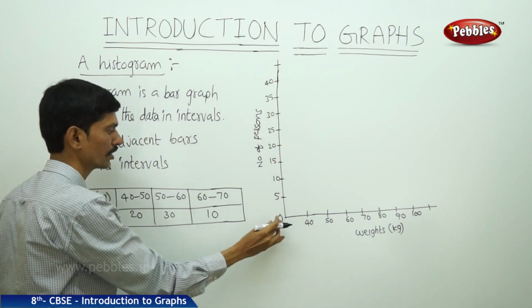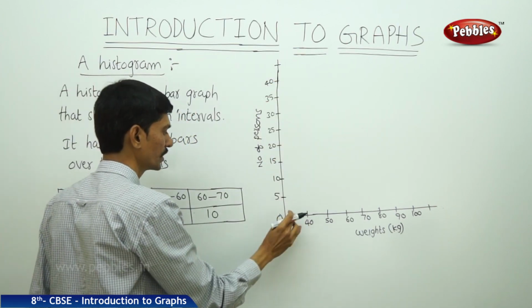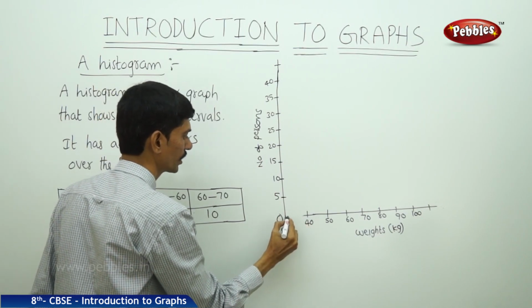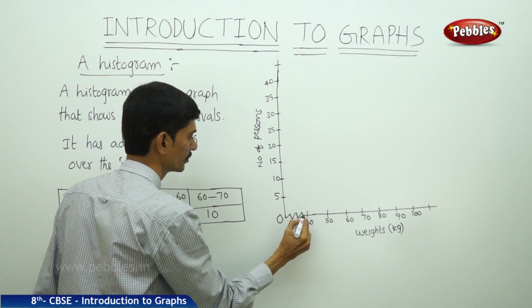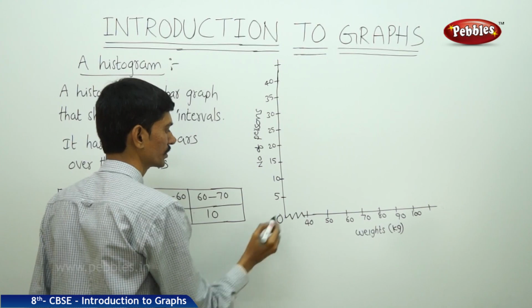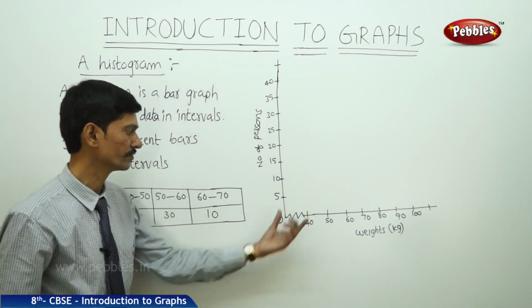Here we are not taking from 0 to 40 kilograms, so that can be represented by a zig-zag line or broken line here. It means we are not showing the weights from 0 to 40. We are directly taking from 40 to 50.